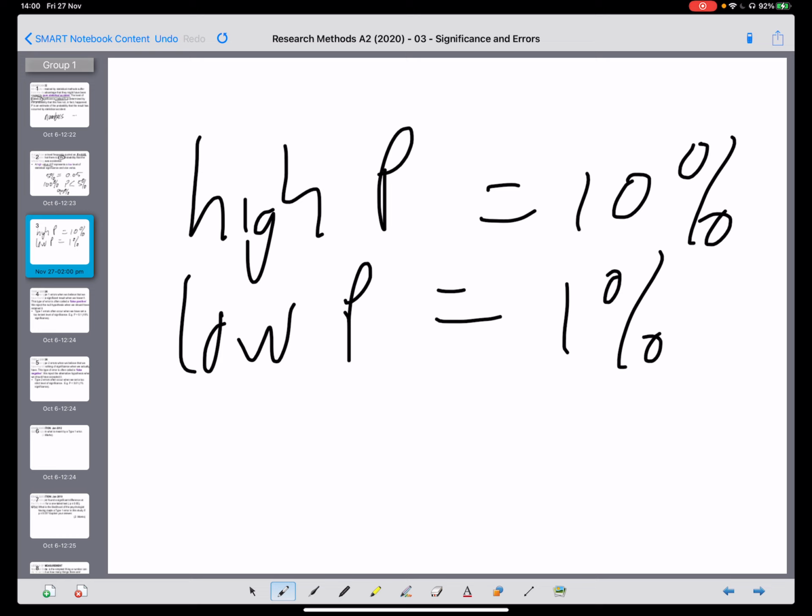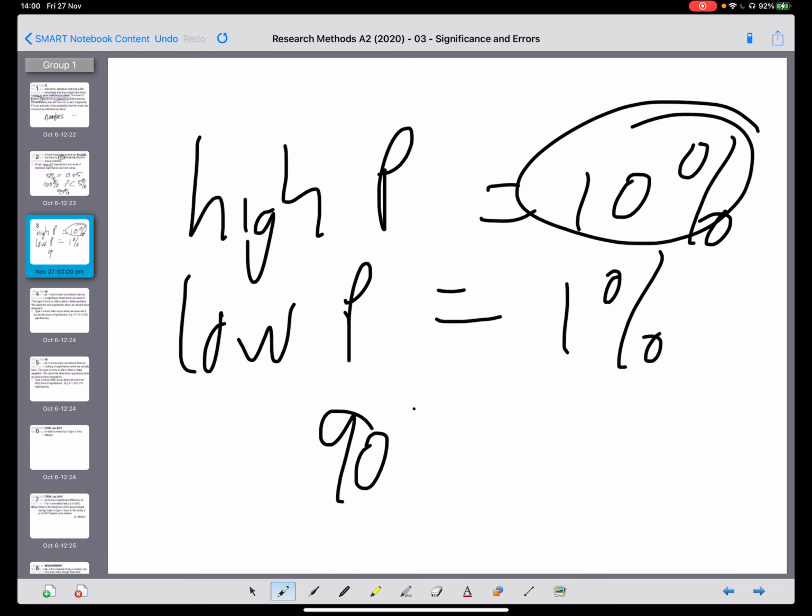Now what we see here is that a high value of P is actually less desirable, because that's saying that I only have 90% of my data, I'm sure, that is not down to statistical accident. And that's why when we talk about significance, we also have to talk about error.